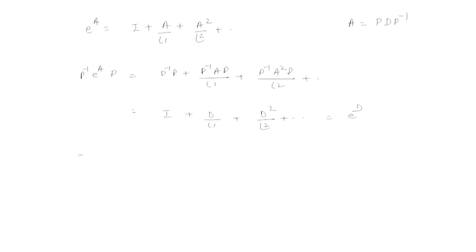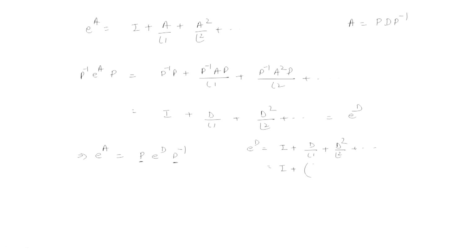So, what we have concluded is that E raised to power A is nothing but P E raised to power D into P inverse. P we know, P inverse we know, and how can we find E raised to power D? E raised to power D is nothing but I plus D upon factorial 1 plus D square upon factorial 2 and so on.